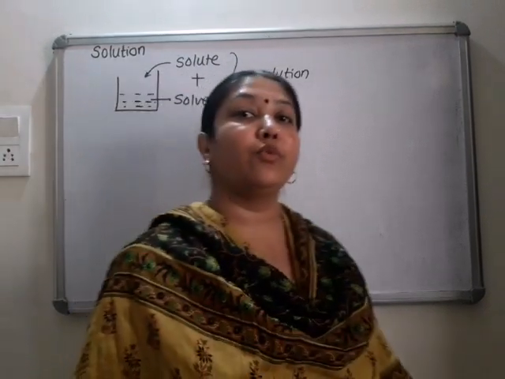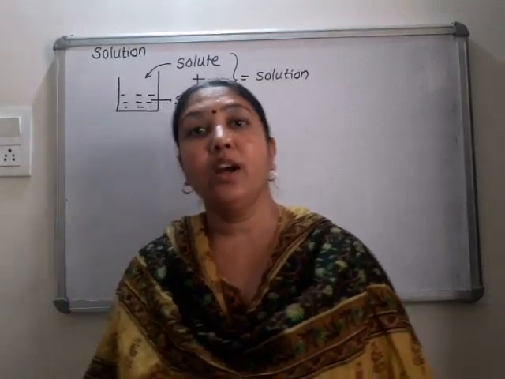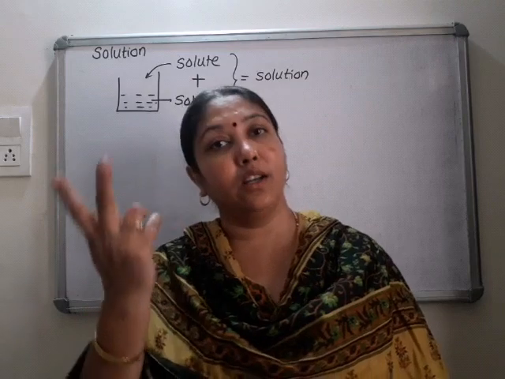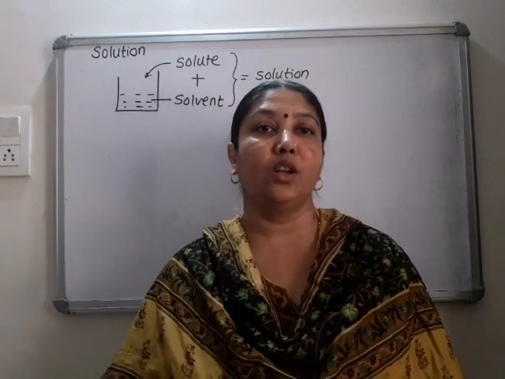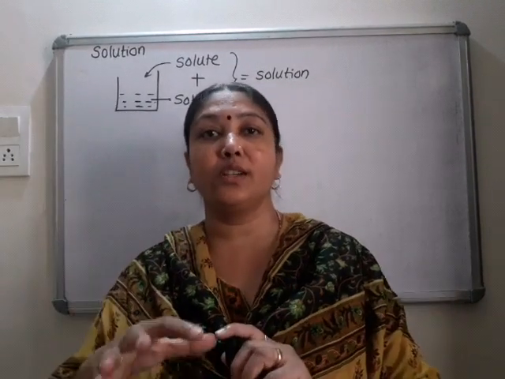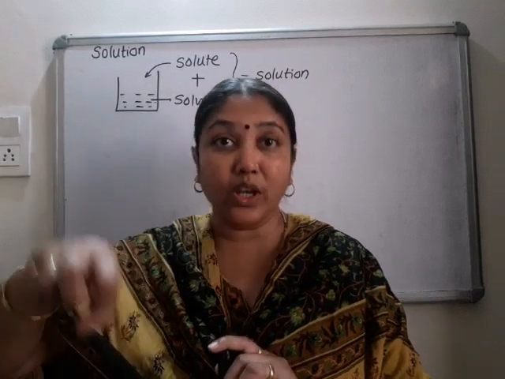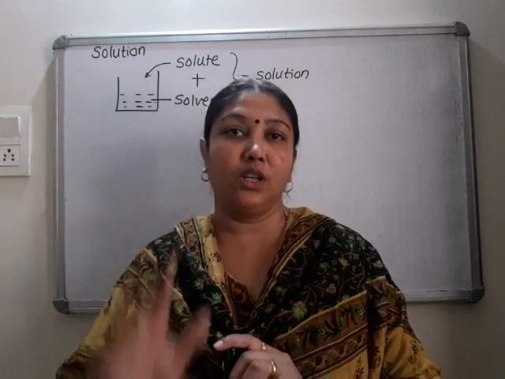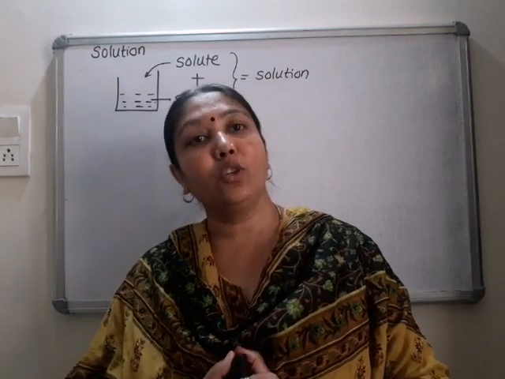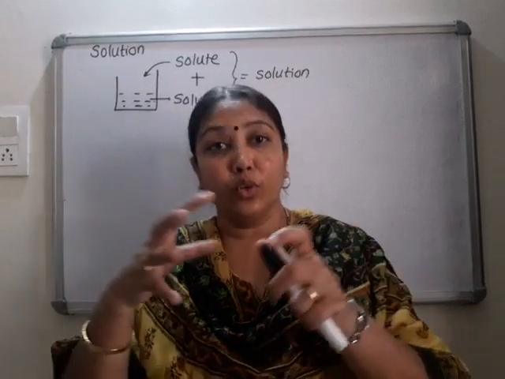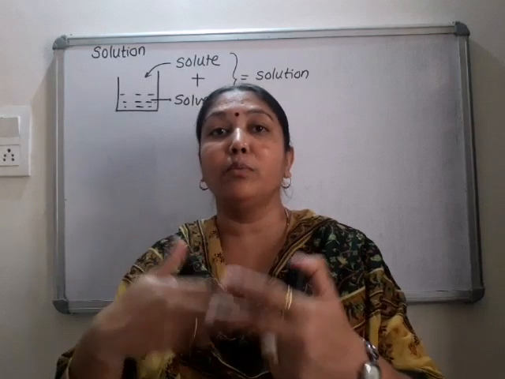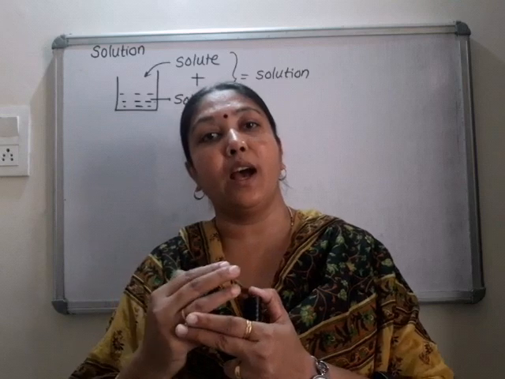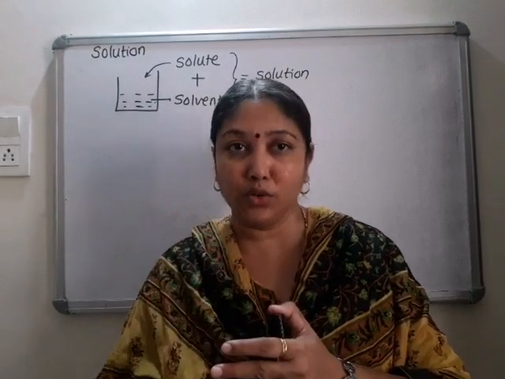There are different types of solution. One is homogeneous solution, other is heterogeneous solution. Means two or more phases are mixed together uniformly, then we call it homogeneous solution. And heterogeneous solution means what? Two different phases are not mixed uniformly, so we call that type of solution heterogeneous solution.